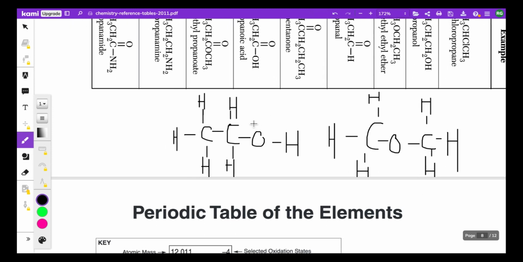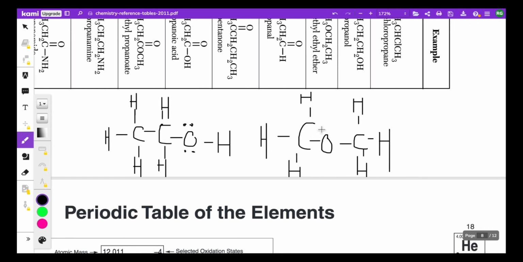Okay, so let's say we have these two compounds.